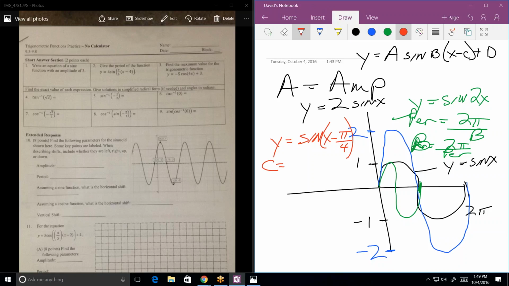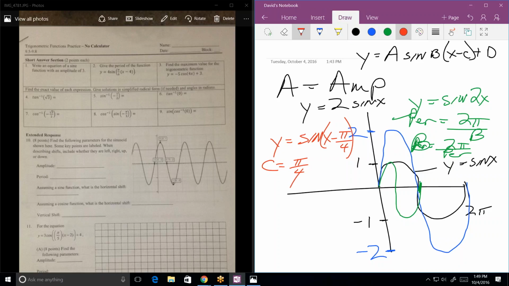Pi over 4. It looks to me like a horizontal shift if it was a polynomial, right? And it is, but which way? Right or left? To the right.